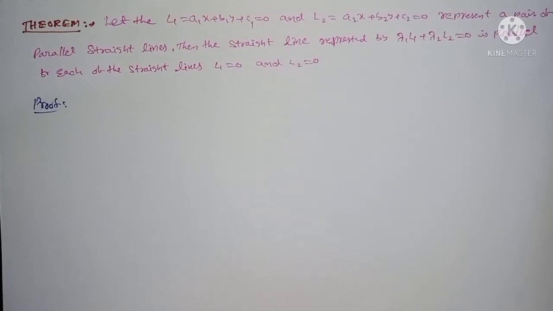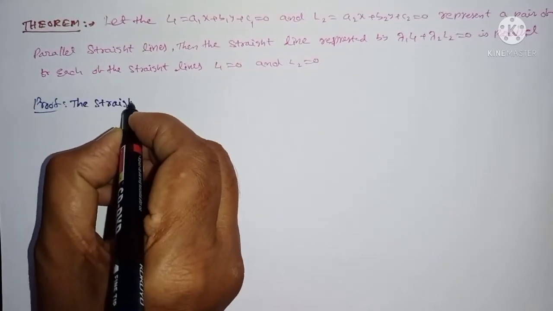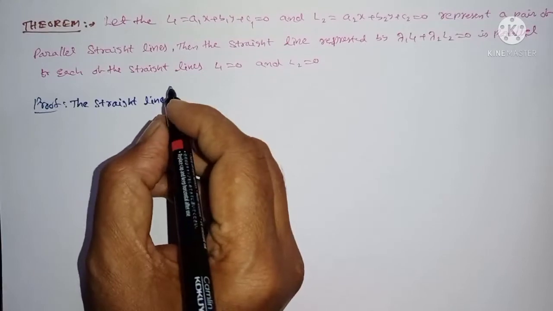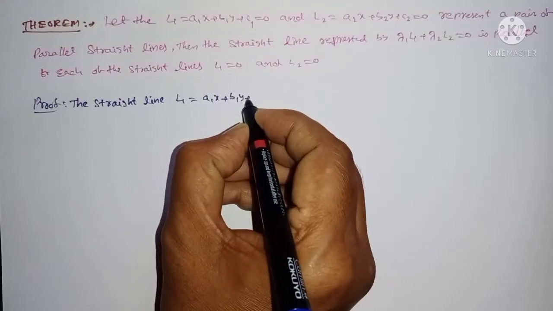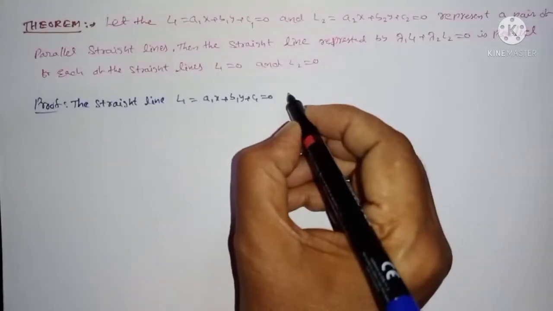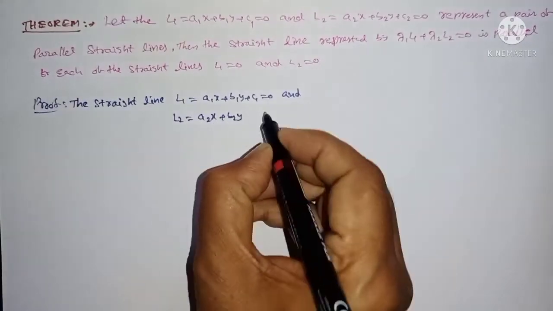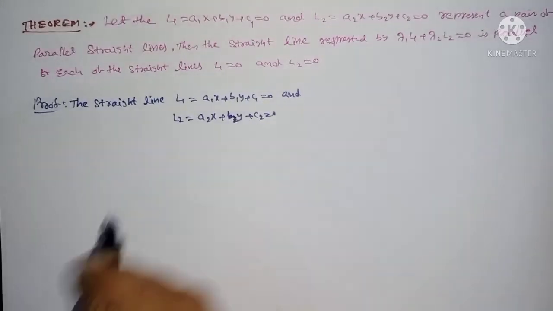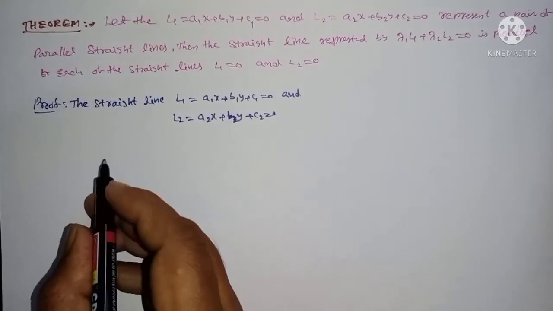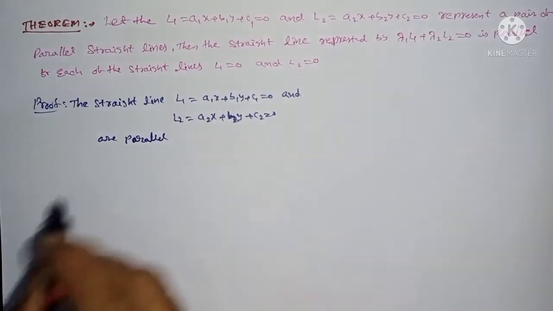Observe here. First, the proof. You can write the given straight lines: L1 is equal to a1x plus b1y plus c1 is equal to 0, and L2, a2x plus b2y plus c2 is equal to 0, are parallel.